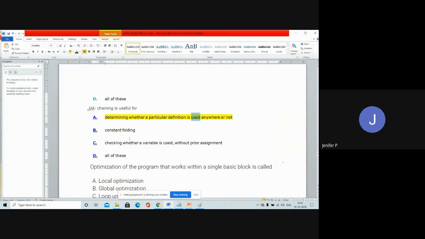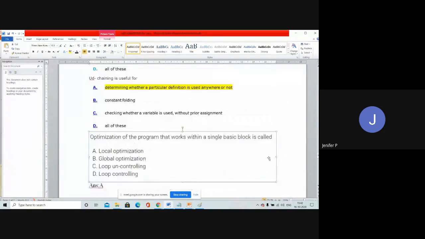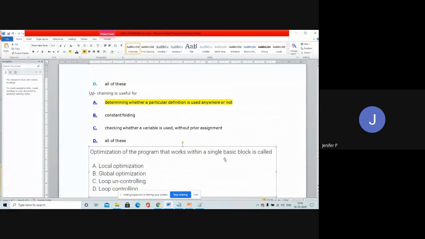UD chaining. And the next one: optimization of the program that works well within a single basic block. The answer is local optimization, the optimization within a basic block. Global means between the blocks.